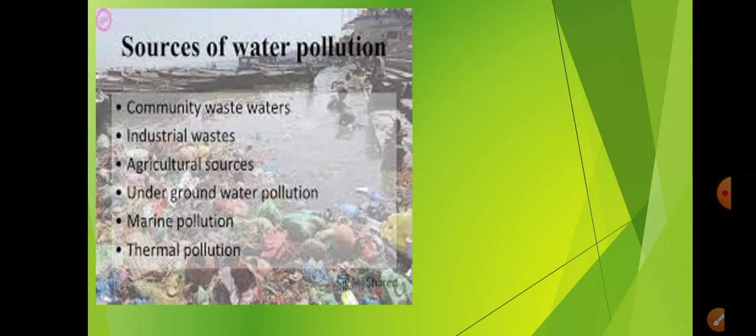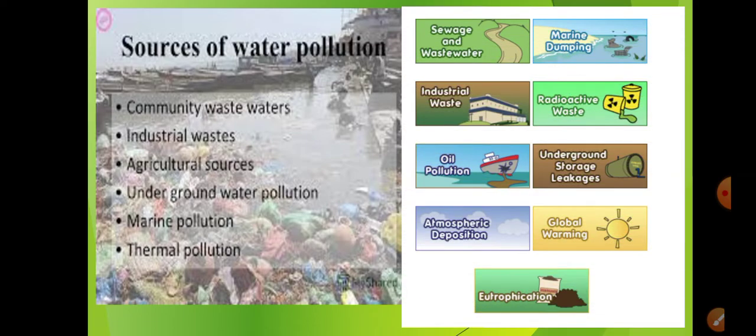So when this type of water is released from the factories, the animals that live in the water bodies will die because of the increased temperature. So this is also contributing to water pollution because it is disturbing the natural quality of the water, thereby causing problems to the living beings.